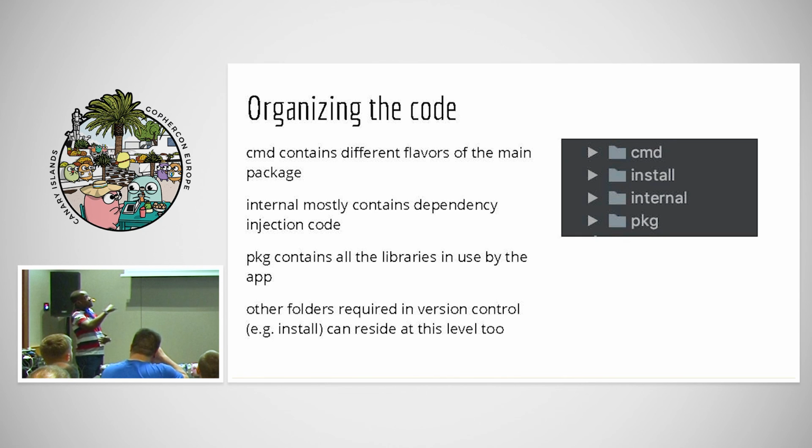So you end up having the main functions in CMD, many of them, but the logic in there is very little because Bootstrap collects that for you. And that allows you to deploy to multiple services without having to think about how to bootstrap for each and every service that you are deploying to. And then finally, PKG is just the collection of packages, libraries, that we are going to be using in our application.